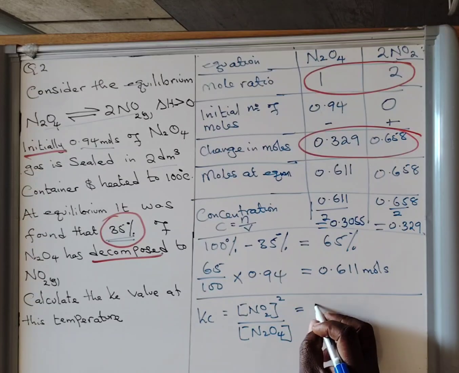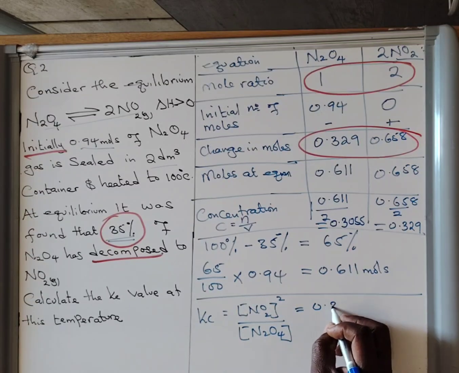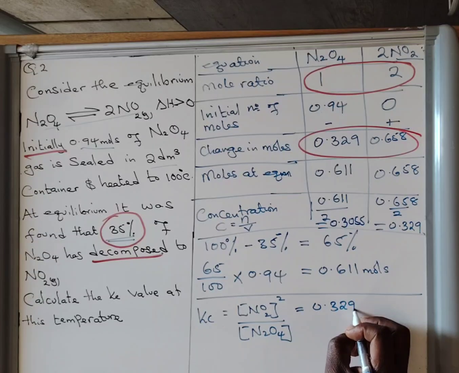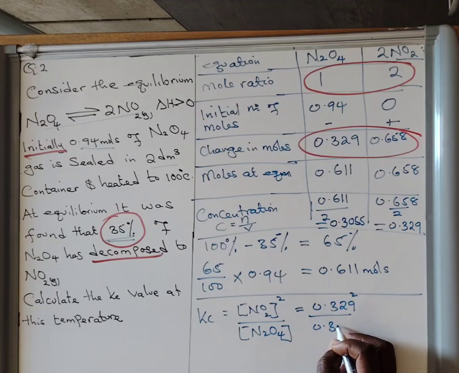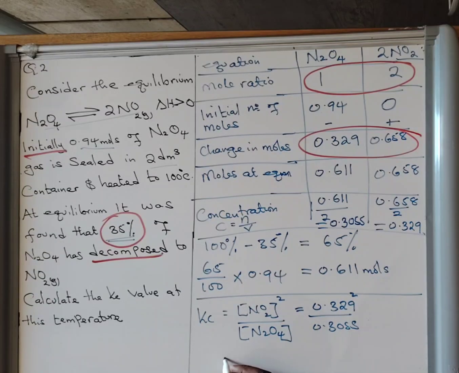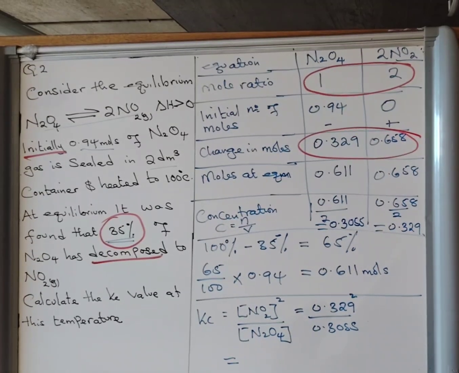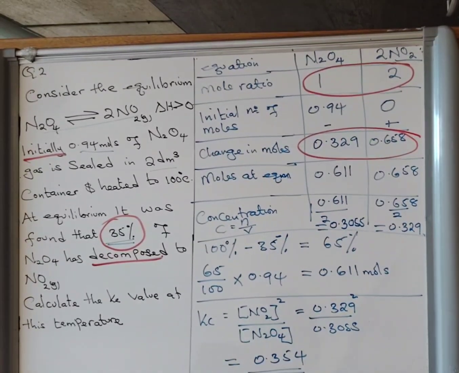It will give you 0.329 squared divided by what? 0.3055. And what you get will be your Kc. So after substituting in the expression, this is what you get. So this is our Kc which we have obtained.